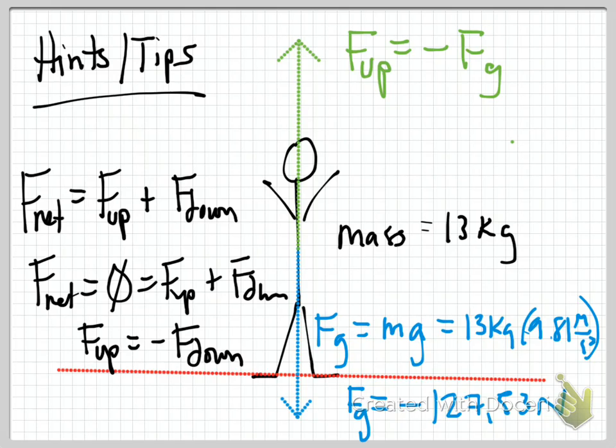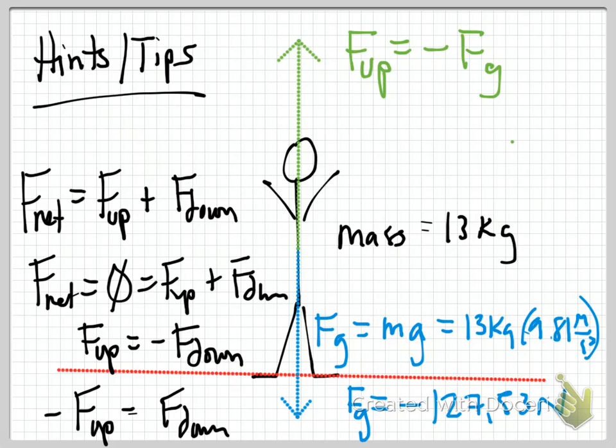Either way, whether you say it one way or the other, it doesn't matter. They're equal and opposite. If we want to do negative force down, positive force up, the same number, we can do that?